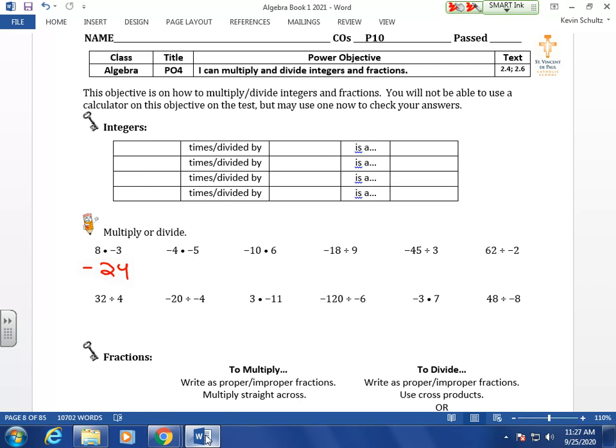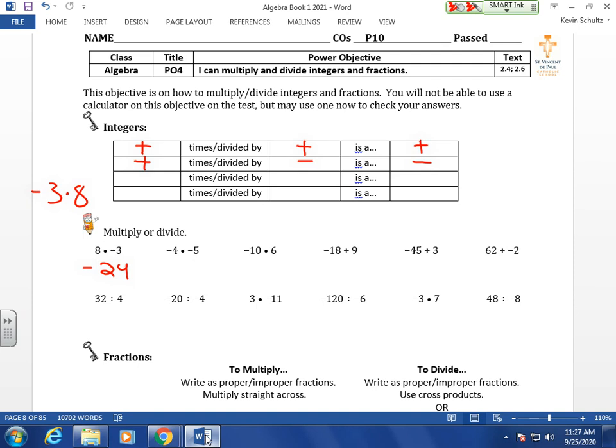So a positive multiplied or divided by another positive number will be a positive. A positive multiplied or divided by a negative will be a negative. And because of the commutative property, which says you can multiply things in any order, 8 times negative 3, which is negative 24, is the same thing as negative 3 times 8, right?